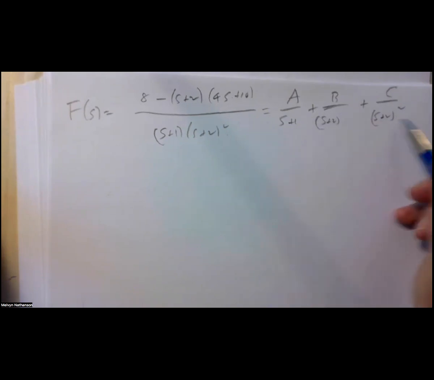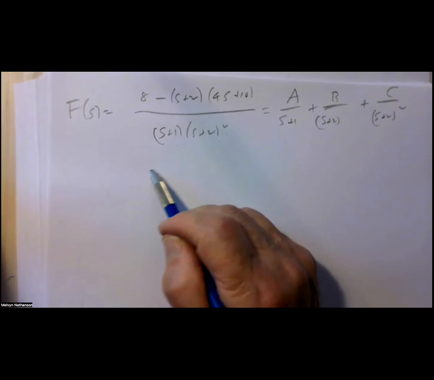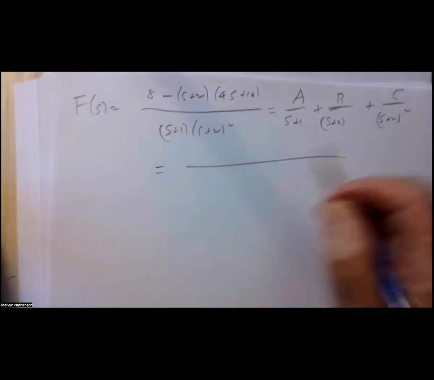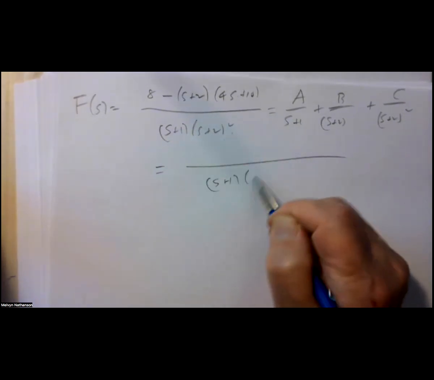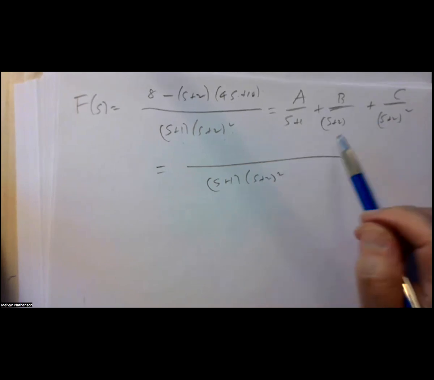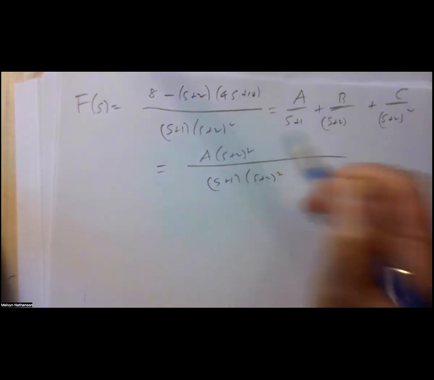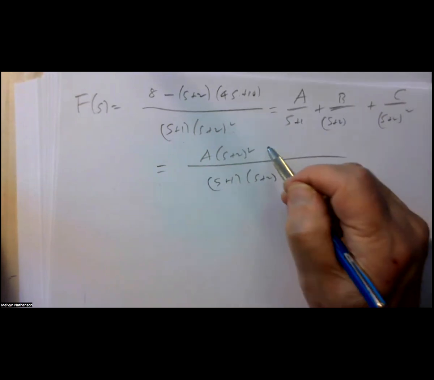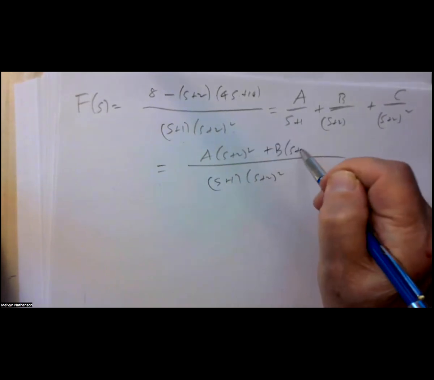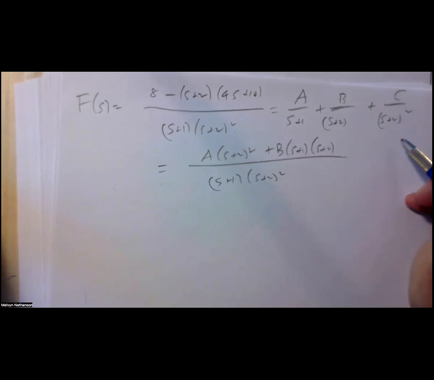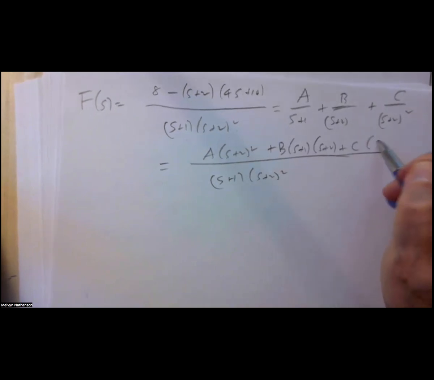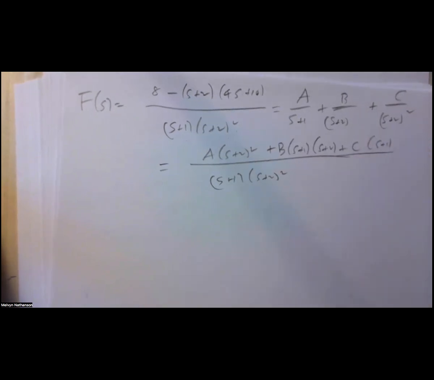Which means, now if you put this back over a common denominator, the common denominator is going to be (s+1)(s+2)². The numerator will be A times (s+2)² plus B times (s+1)(s+2) plus C times (s+1).